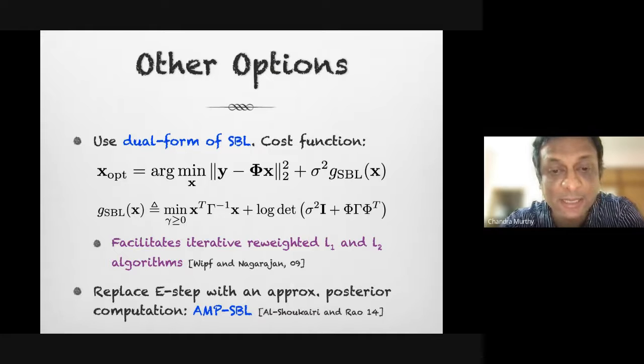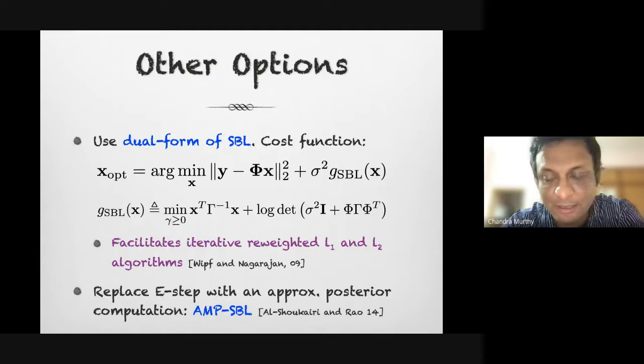And this approach, being a core optimization based approach, in fact inherits all the convergence properties of the EM-SBL formulation. Okay, because this is actually at its core doing EM-SBL, except that it's going to the dual form of the cost function and then solving for X instead of using the EM-based approach.